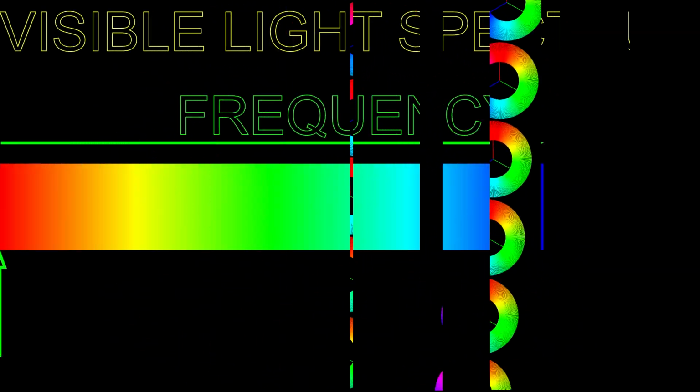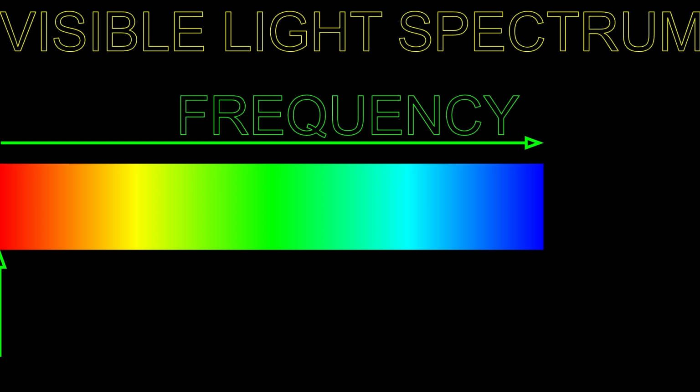But this has also led to quite a misconception involving the electromagnetic spectrum, because the electromagnetic spectrum goes in increasing frequency. It starts at red, then gets yellow, green, cyan, blue, increasing in frequency.